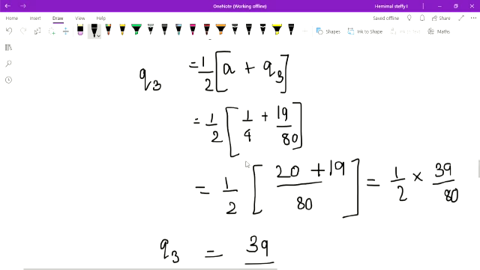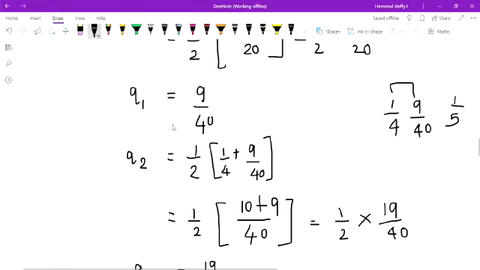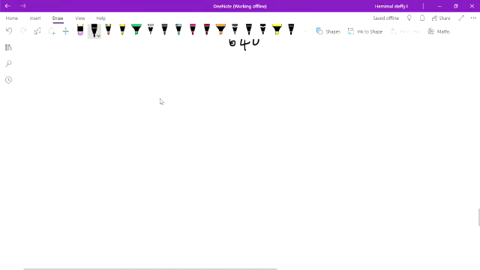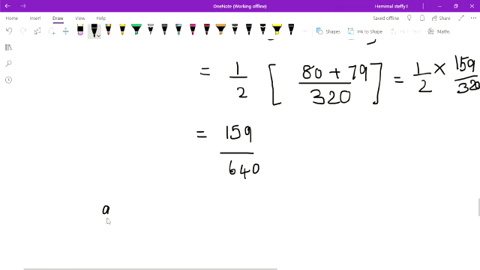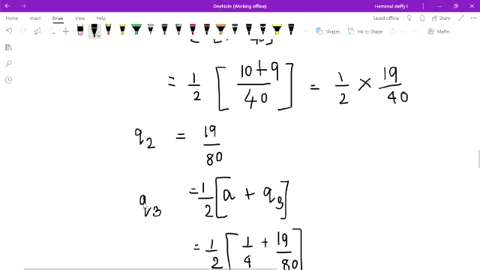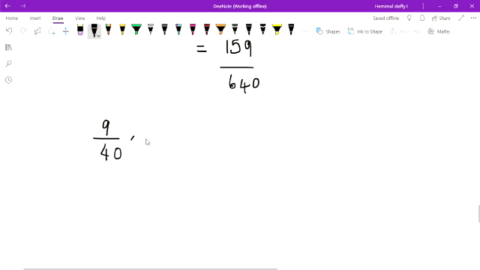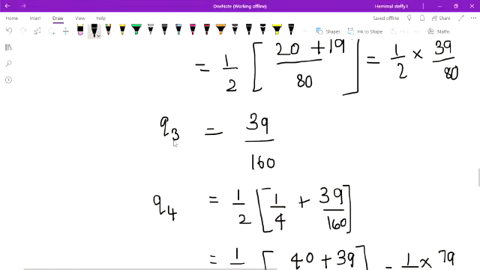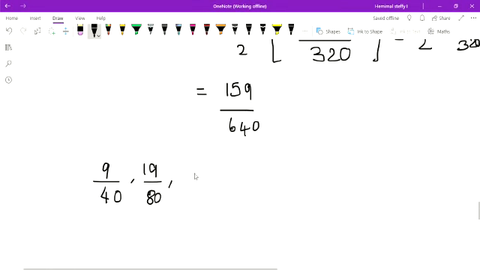What are they? Taking Q1, Q2, Q3 and Q4. What is the first number? 9 by 40. Second number, what is Q2? Q2 is equal to 19 by 80. Then third number, Q3 is equal to 39 by 160.